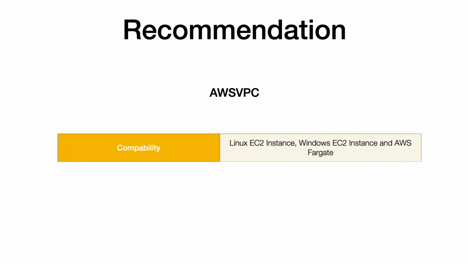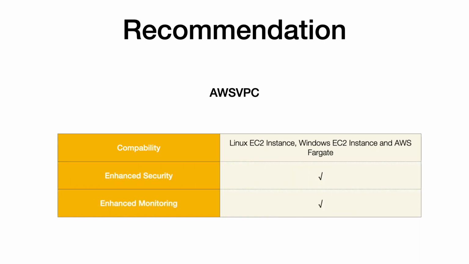Though you can use different networking modes depending upon your use cases, ECS recommends using AWS VPC as the network mode for your containerized applications. As we already discussed, this is applicable for all the supported runtime platforms, including Linux EC2 instances, Windows EC2 instances, and AWS Fargate. Additionally, it helps in enabling enhanced security and monitoring for your containers.